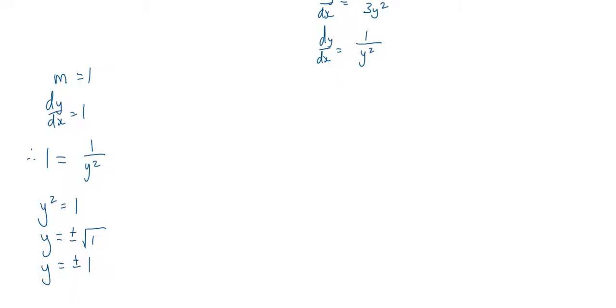So y equals negative 1. And this is where we go back into the original equation. So I'm going to subtract 5 and divide by 3, which looks like negative 2.